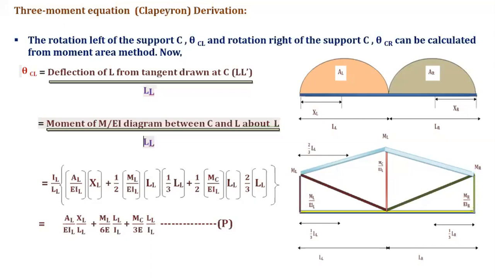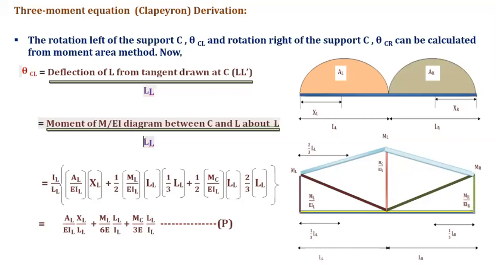Those who have completed, go to theta CR. Those who have not completed, please take it down: three areas and their centroidal distances. That's very simple.